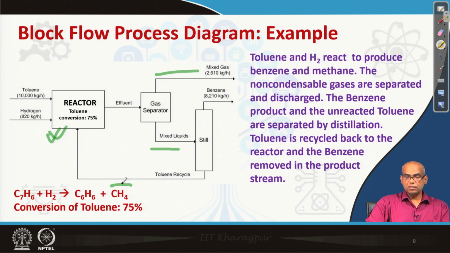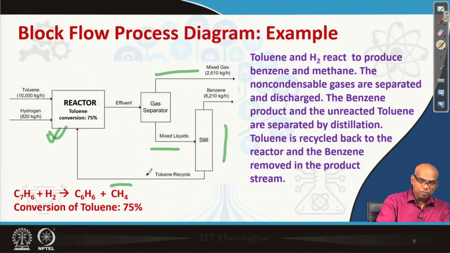The gas separator separates the gas and the liquid stream, which is then separated into benzene and toluene in a distillation column, and the toluene is recycled back to the reactor.